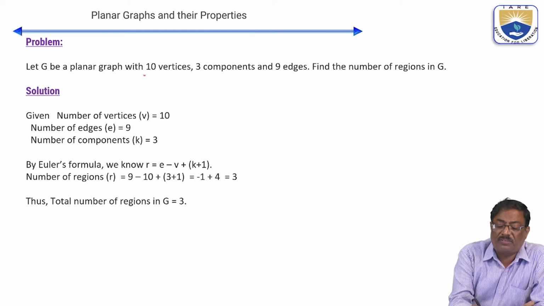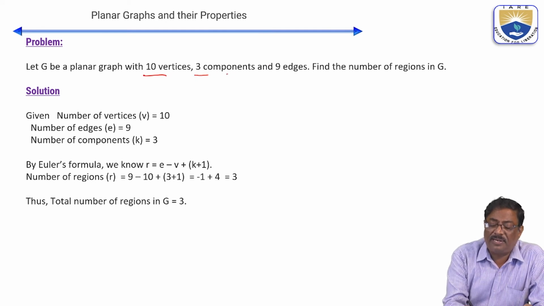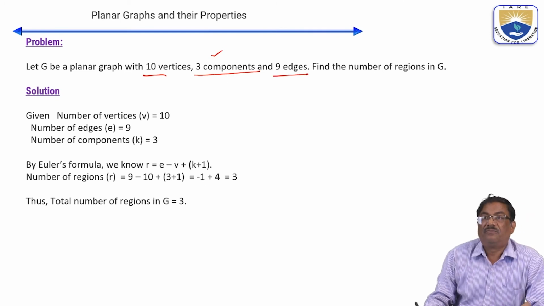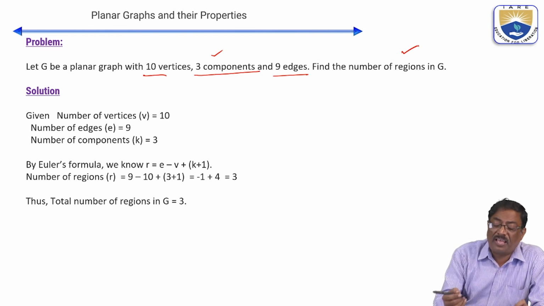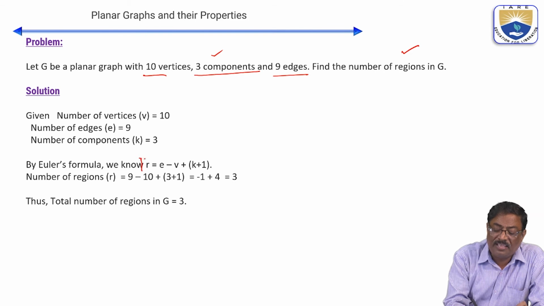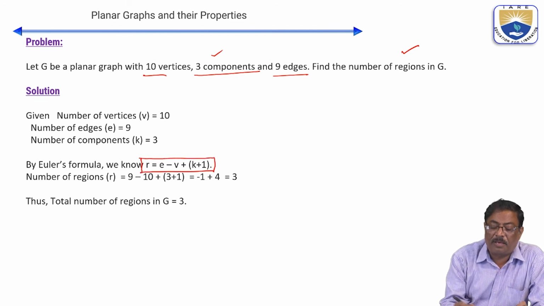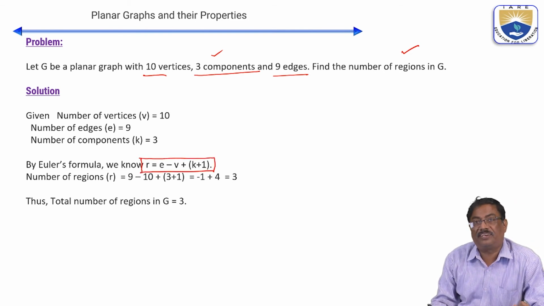G be a planar graph with 10 vertices, and it is having 3 components and 9 edges. Find the number of regions. So here, if k components are given, this is the relationship between number of vertices, number of regions and edges.